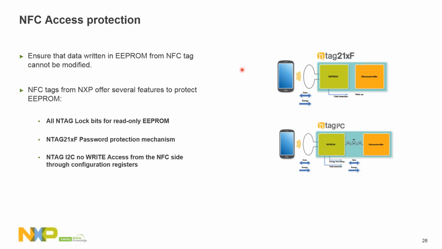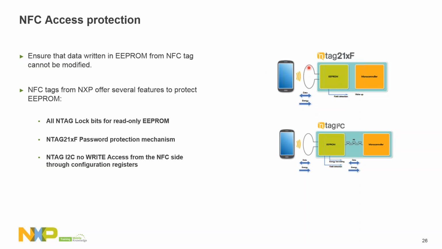Another question that I throw here, why would we want to protect the access through the NFC interface? In the case of NFC tags, we have already seen in the previous section how it was possible to secure the data stored in the EEPROM. Now we want to go further ahead and prevent non-authorized devices from being able to modify or update this data stored in the EEPROM.